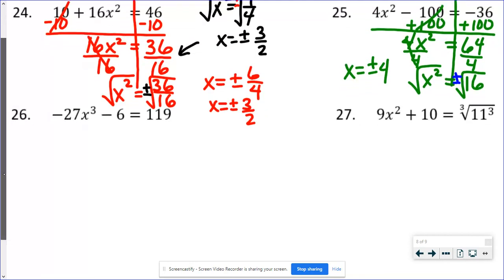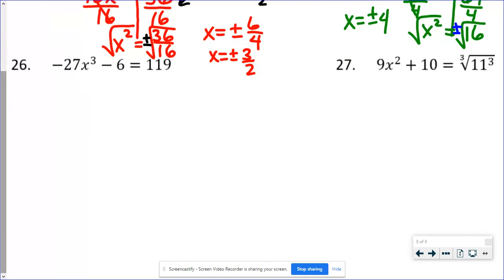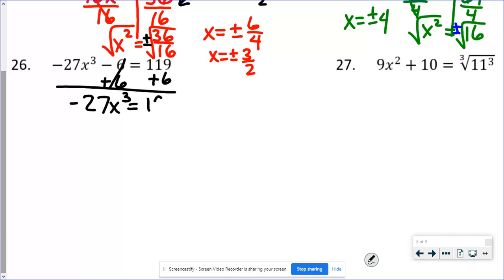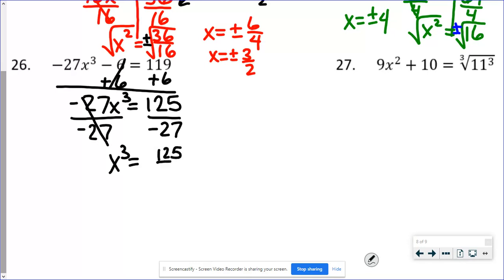For number 26. I would start by adding 6. So I have negative 27x cubed equals 125. And then I would get rid of that negative 27. X cubed equals, I'm going to leave that as that fraction, 125 over 27.